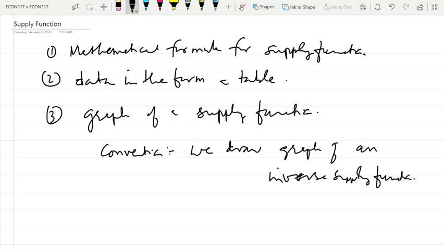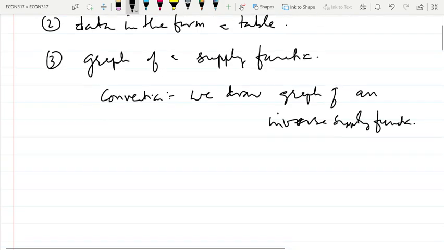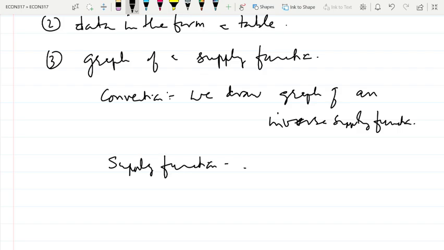So now I will describe what we mean by a mathematical formula for a supply function. The supply function is a relationship between price and quantity.